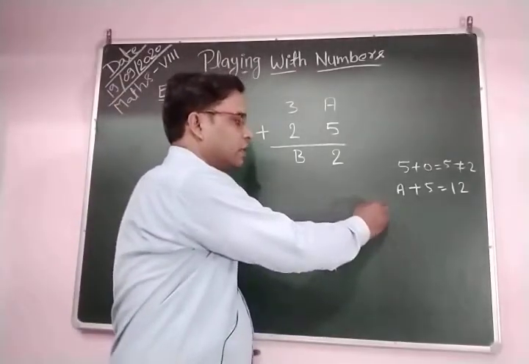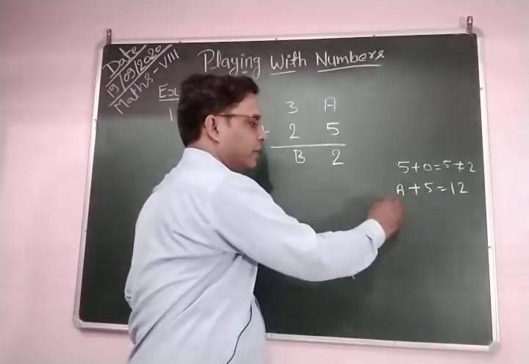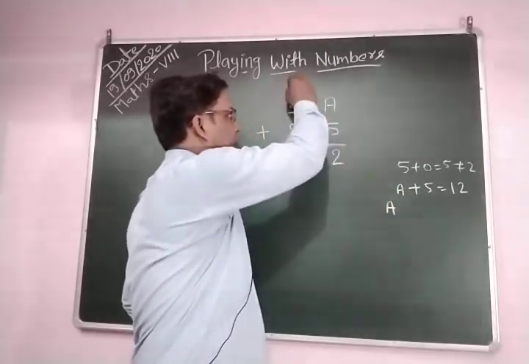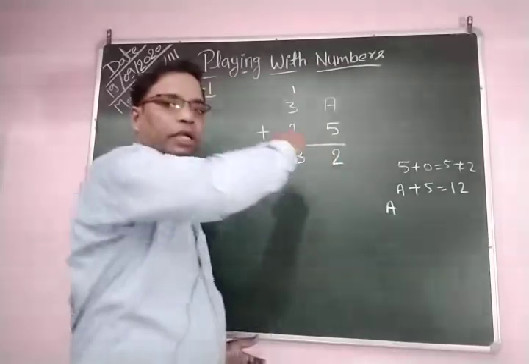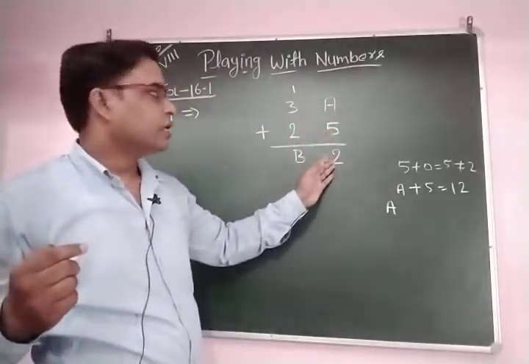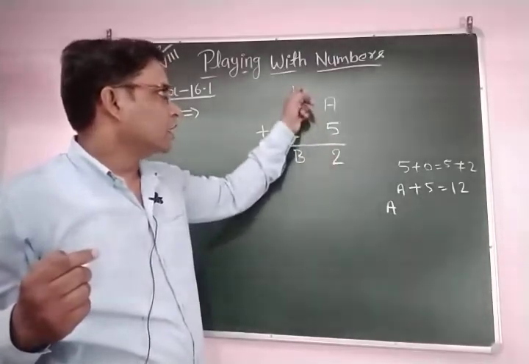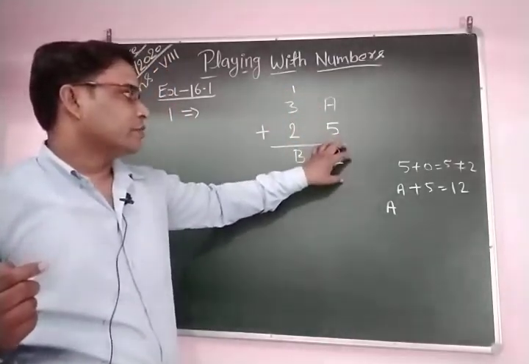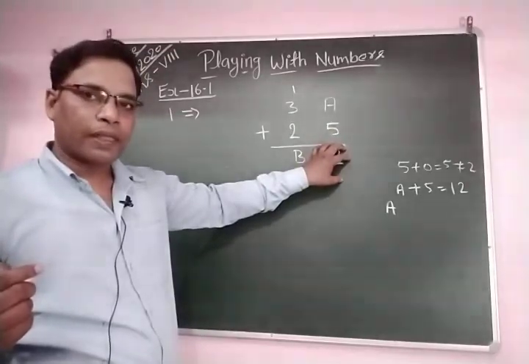So if a plus 5 is equal to 12, it means that here is one carry, and here we have 2. A plus 5 is equal to 12: we write 2 and carry 1. Clear? So this becomes only 2.